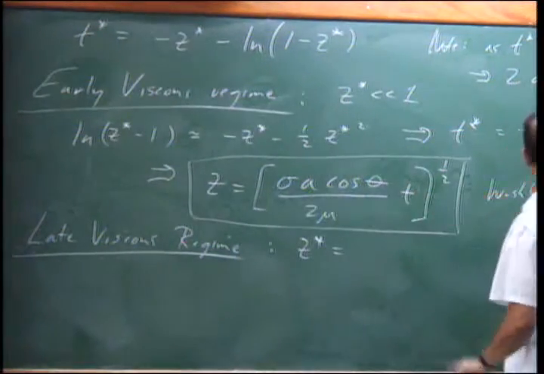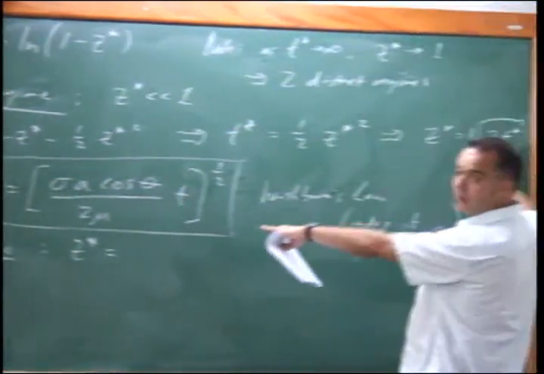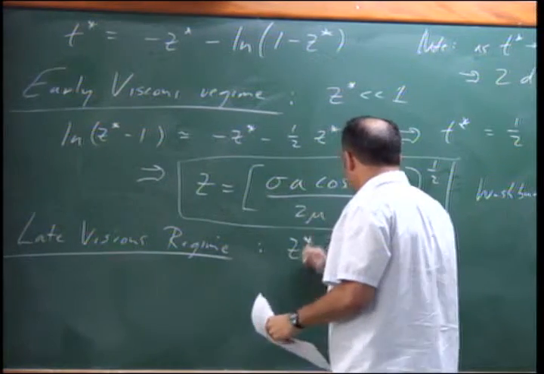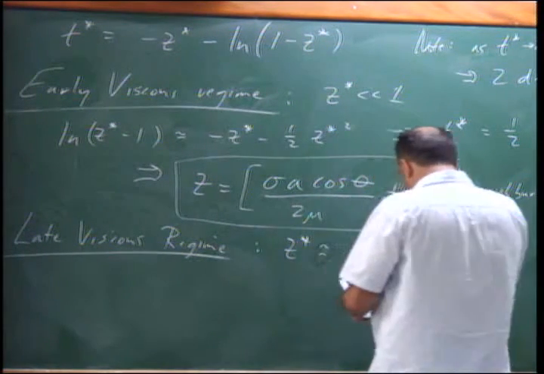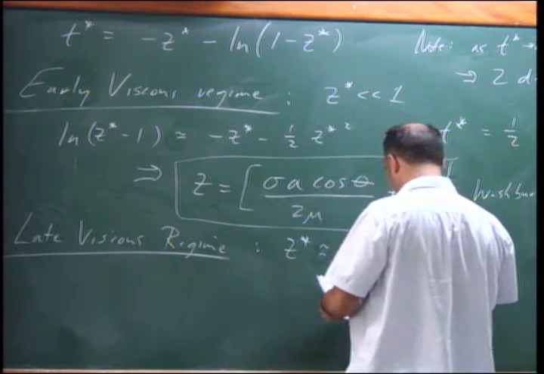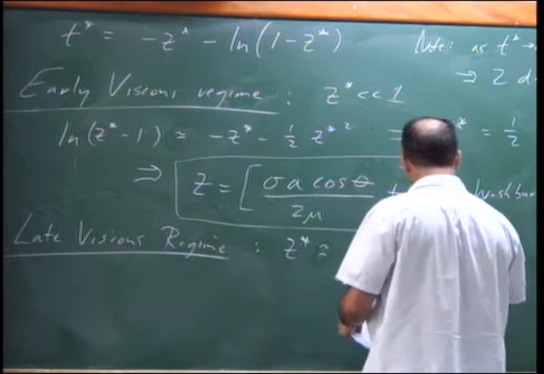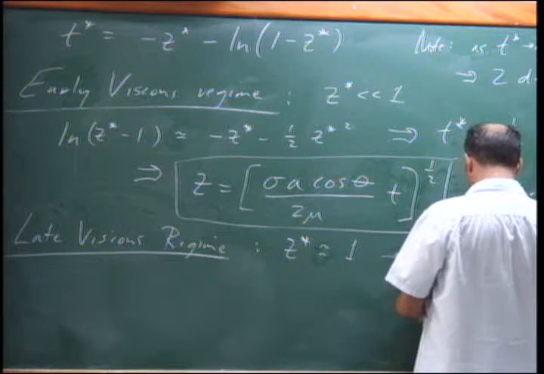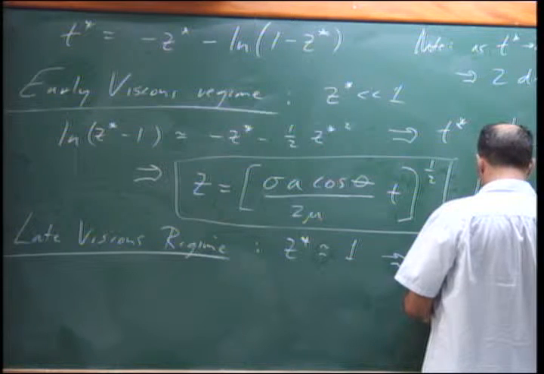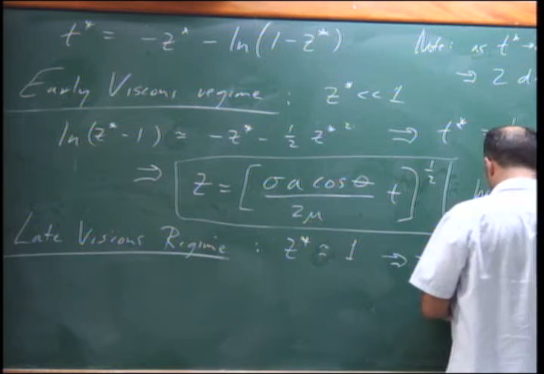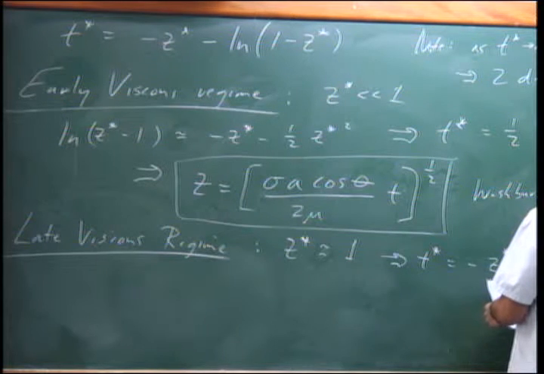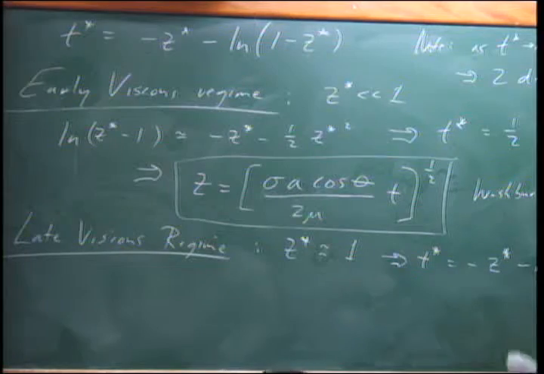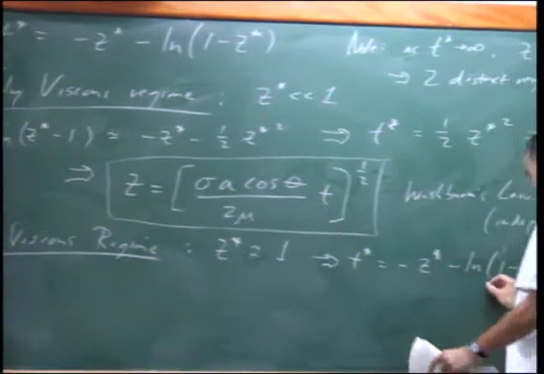So I got this just by re-dimensionalizing Z and T, right? So late viscous regime, Z star is approaching 1. So here, so we substitute in here. Okay, and so as Z approaches 1, this term gets big.